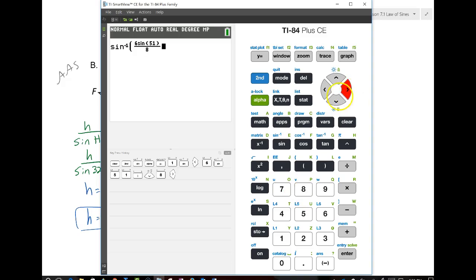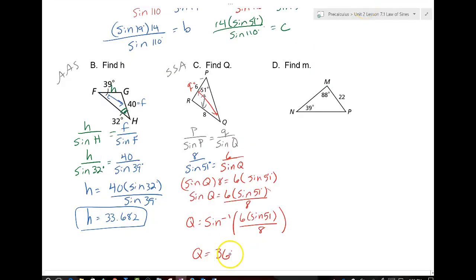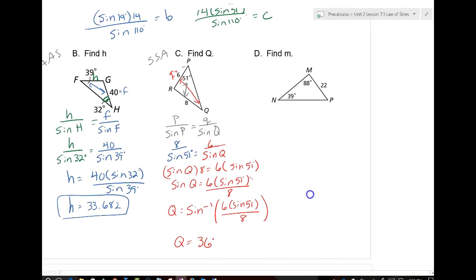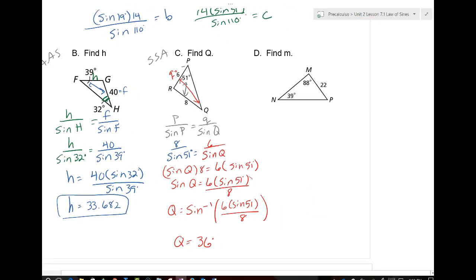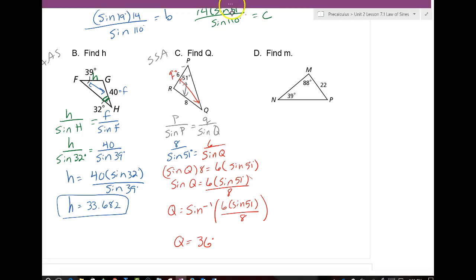And if you wanted to, you can be really cool and close out your parentheses. You look cool because it's just like what's on our page. Hit enter, and you guys should have got, again, 36 degrees. So that's what it looked like on my calculator in order to solve it. So that would be 36 degrees. That's solving for an angle. So that's a little more work, but still very doable if we have our calculator.